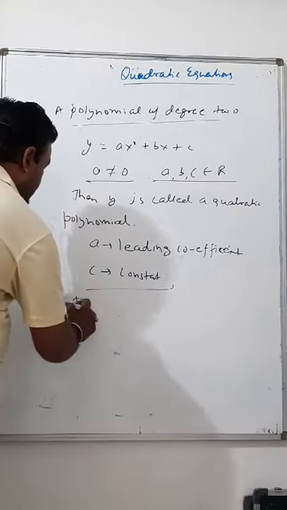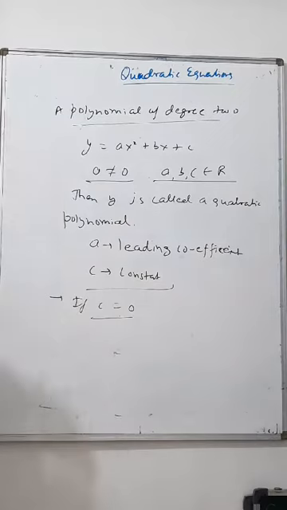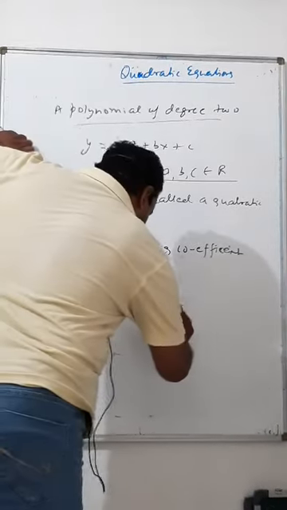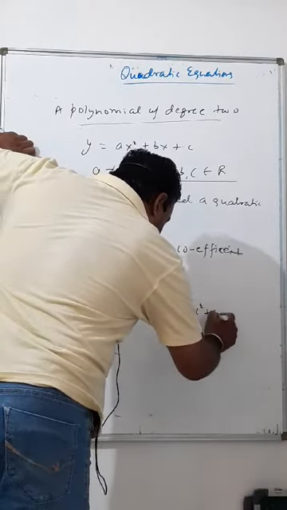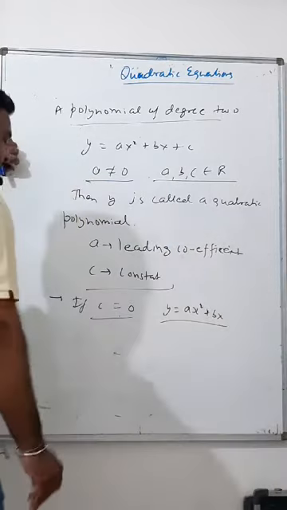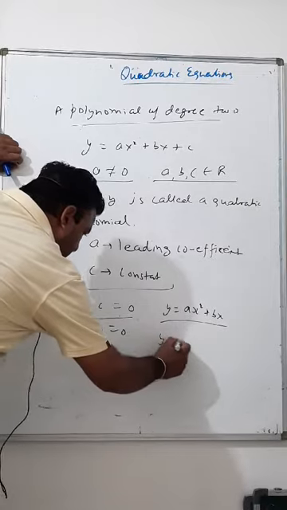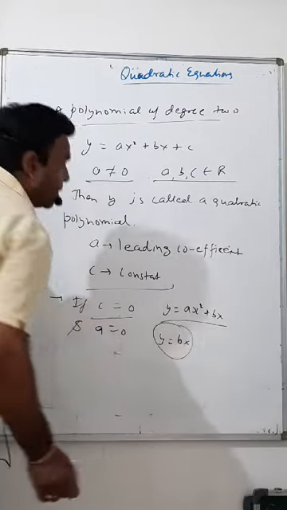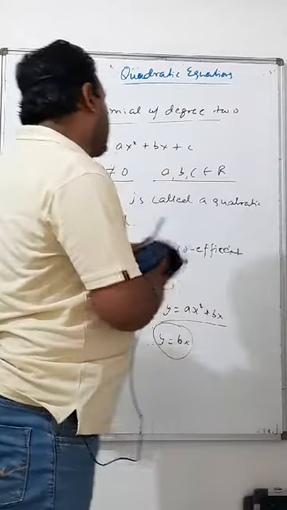Now there is a special case: if c is equal to 0, then y is ax square plus bx, and if a also becomes 0, then it becomes a linear polynomial, right? These are simple definitions.